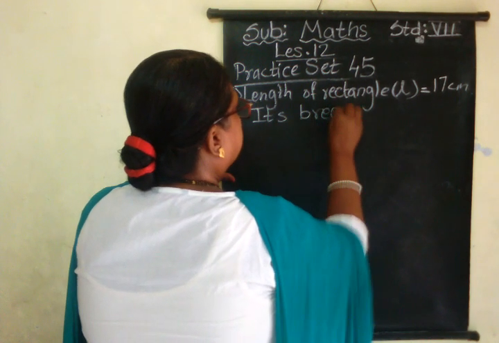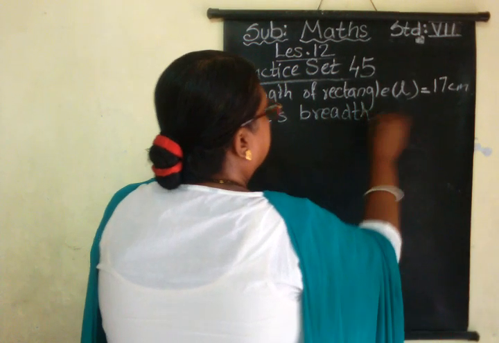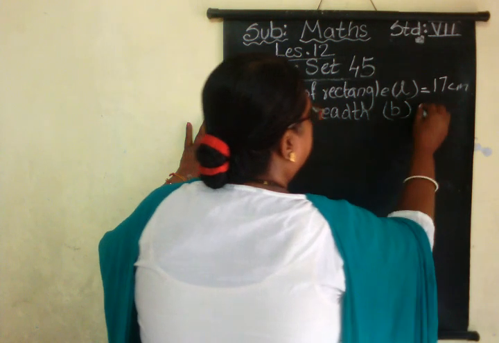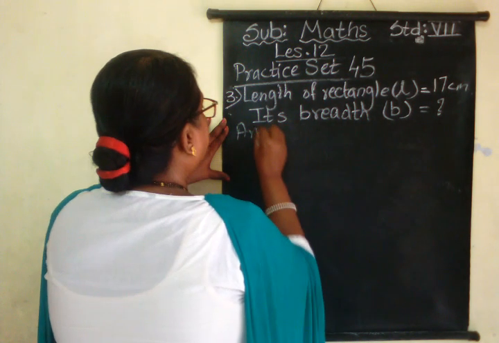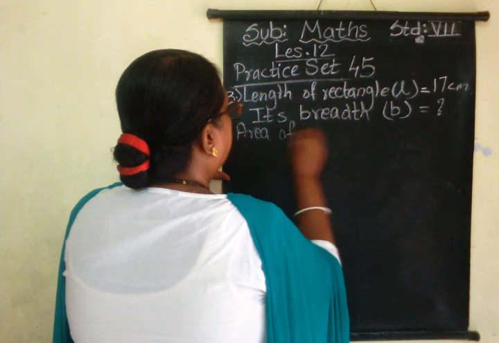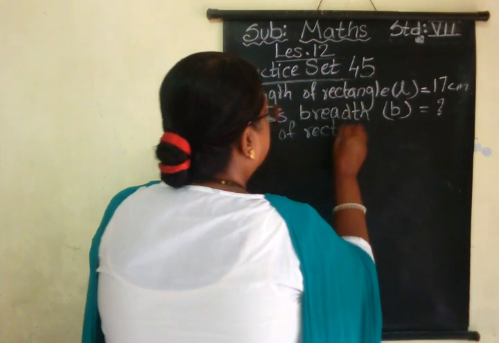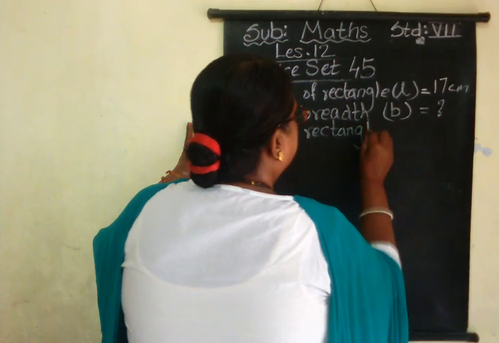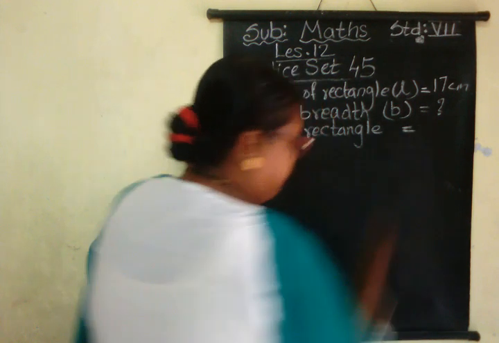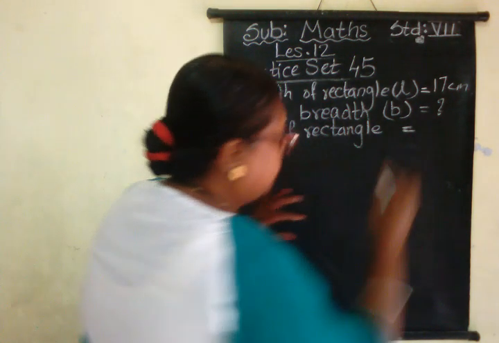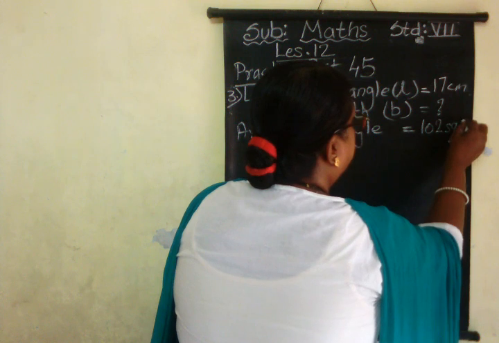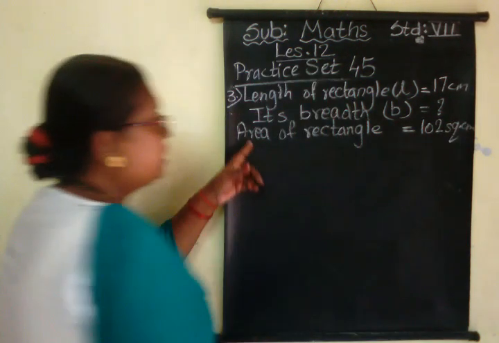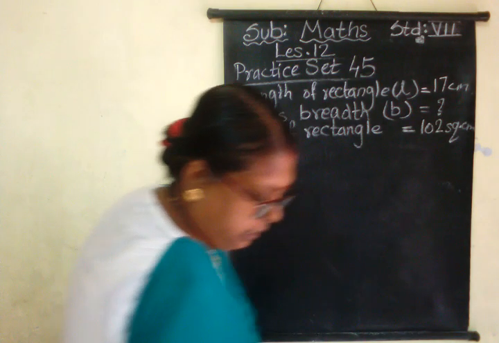Its breadth B is unknown. Then area of rectangle is given. Area of rectangle is equal to, how much it is given? 102 square centimeter. So using the same formula we will find the breadth.